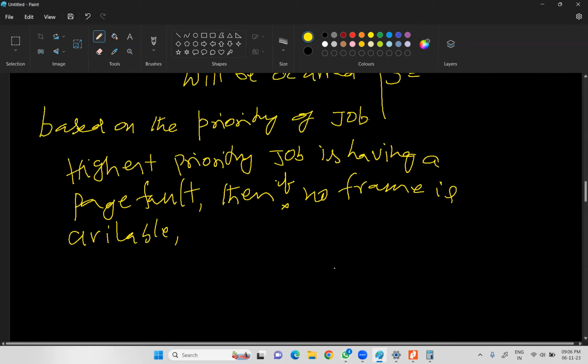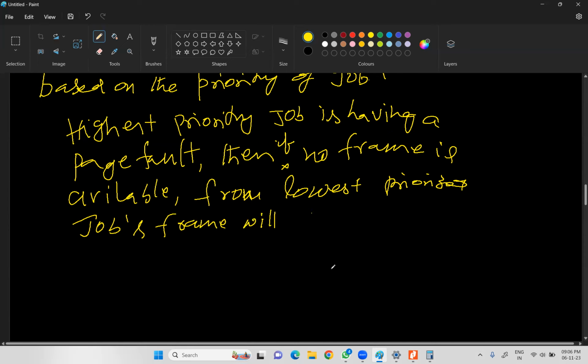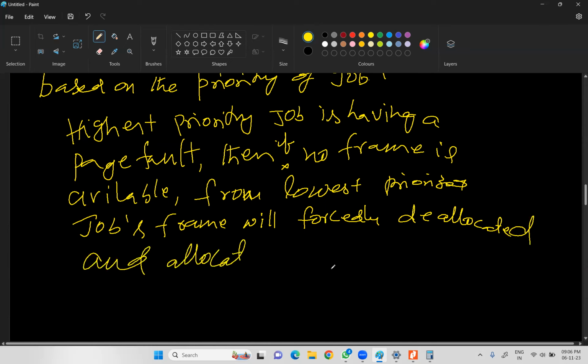then from the lowest prioritized job, the frame will be forcibly deallocated and allocated to the highest prioritized job.